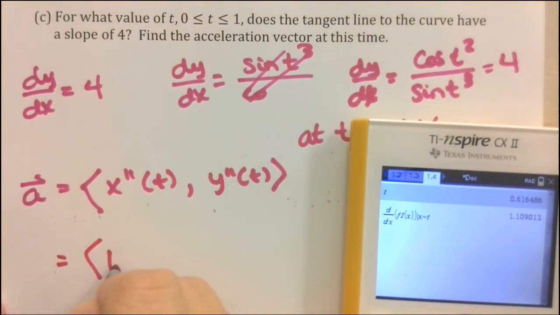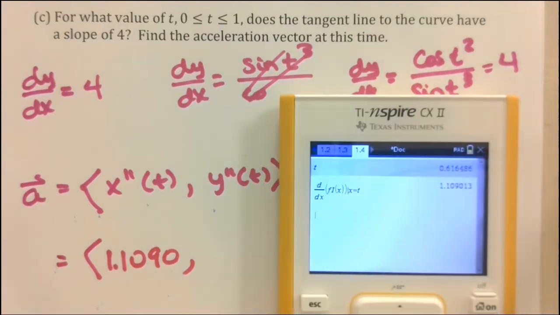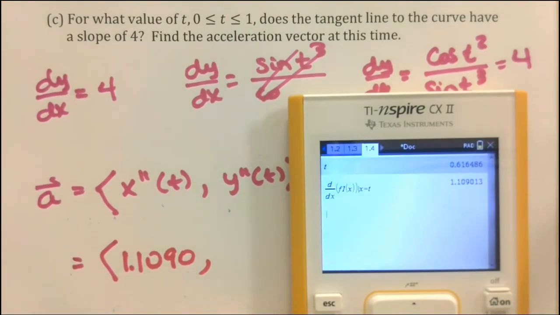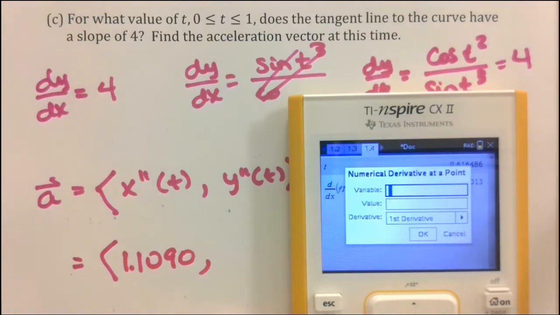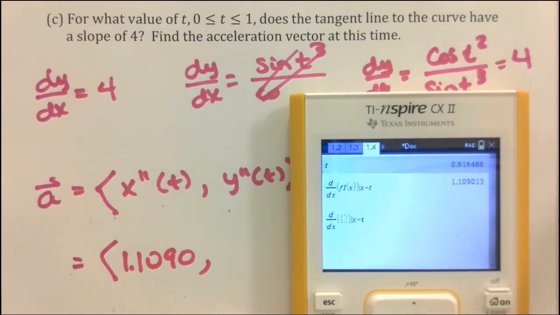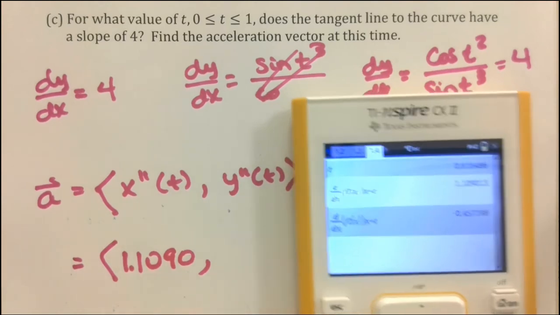1.1090. And then we're going to do the same thing for y prime, or dy/dt. Menu, calculus, derivative. My value is t because we stored it. And I have this saved in f2 of x.